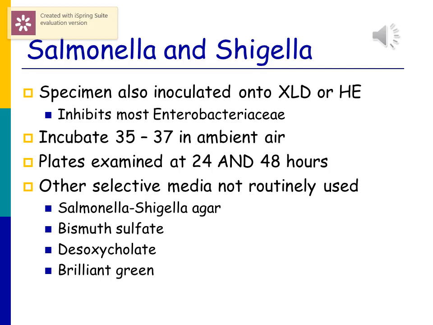So Salmonella and Shigella are two big intestinal pathogens. In order to look for Salmonella and Shigella in the clinical lab, many times stools are inoculated onto either XLD or HE. XLD and HE agars are great for Salmonella and Shigella because they inhibit most of the Enterobacteriaceae members.